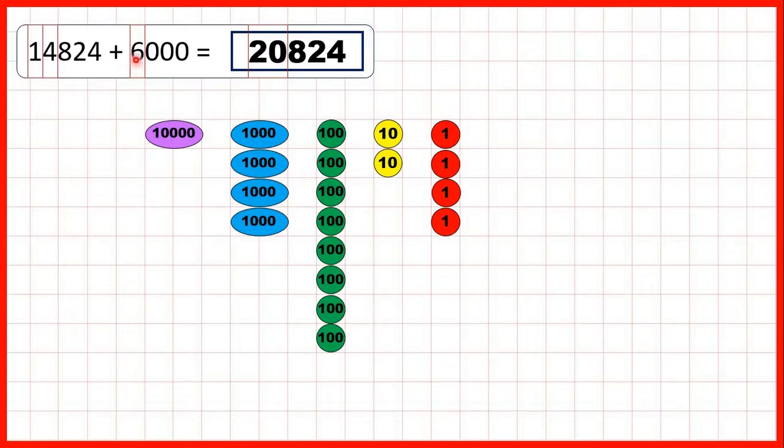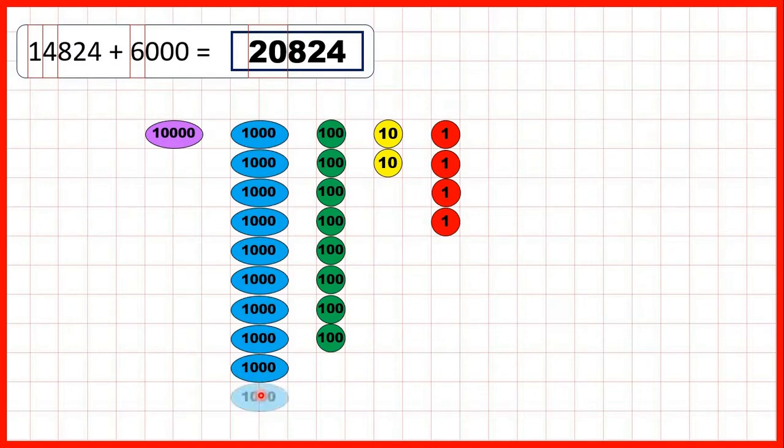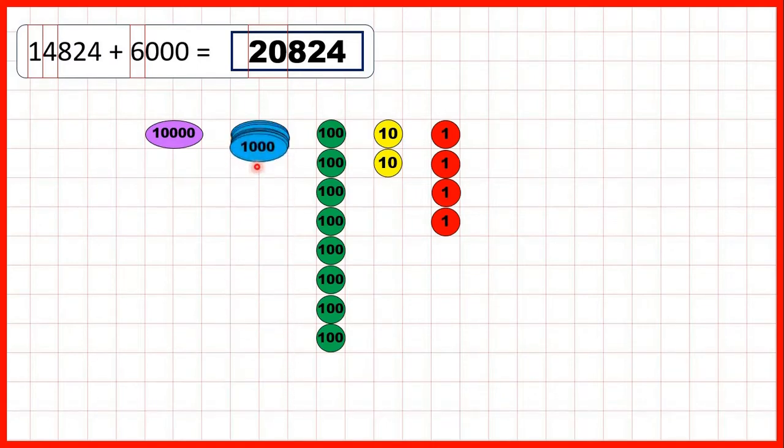We were adding 6,000, so if we add another 6,000 counters, we now have 10 thousand counters, but we need to exchange those 10 for another 10,000 counter. And that's why in our answer we have 20,824, because we now have 2 10,000 counters and no 1,000 counters. And then of course our hundreds, tens and ones have stayed the same.